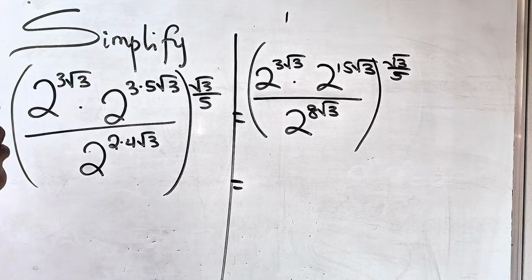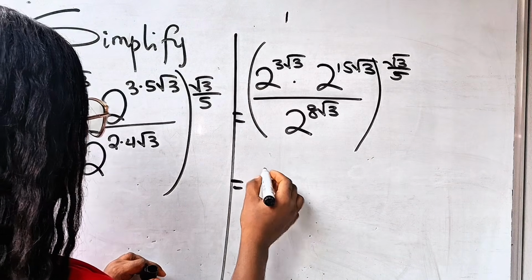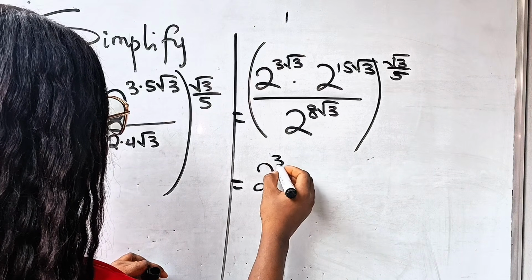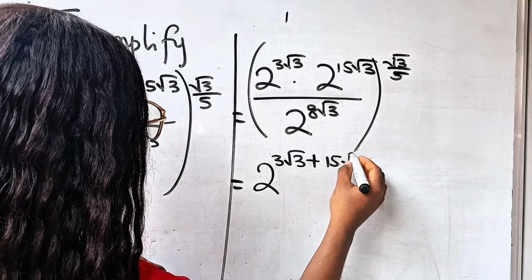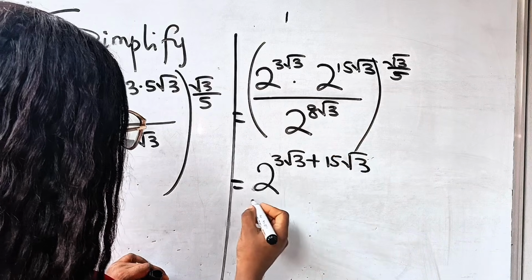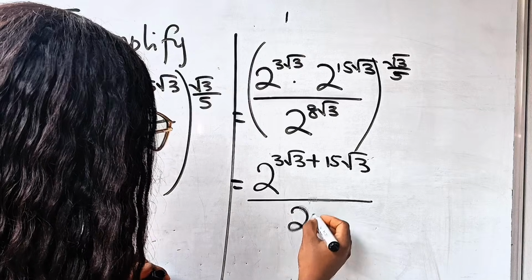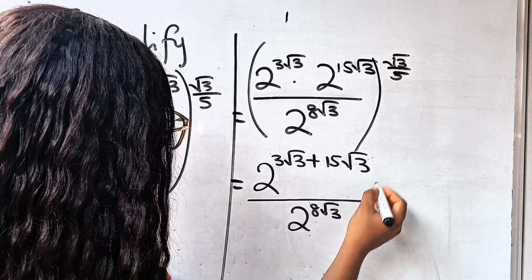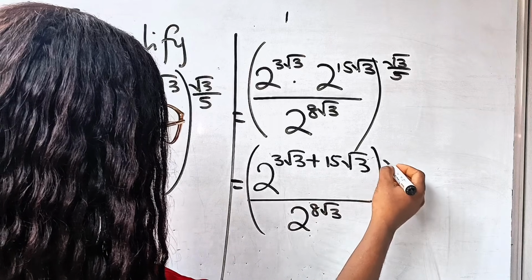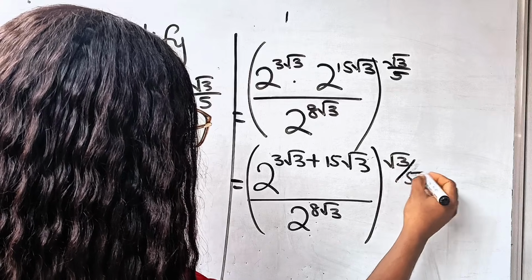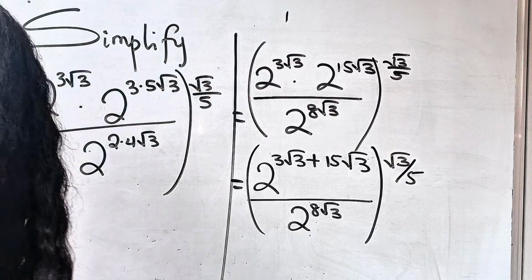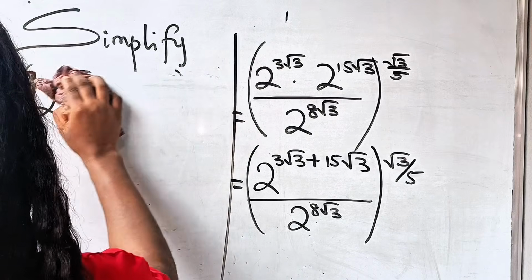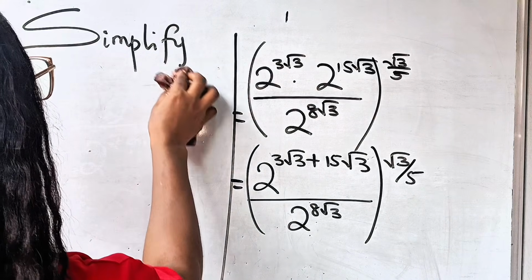So now we can write this as 2 to the power of 3 root 3 plus 15 root 3, since they share the same base, divided by 2 to the power of 8 root 3. Everything raised to the power of root 3 over 5. We are almost there.